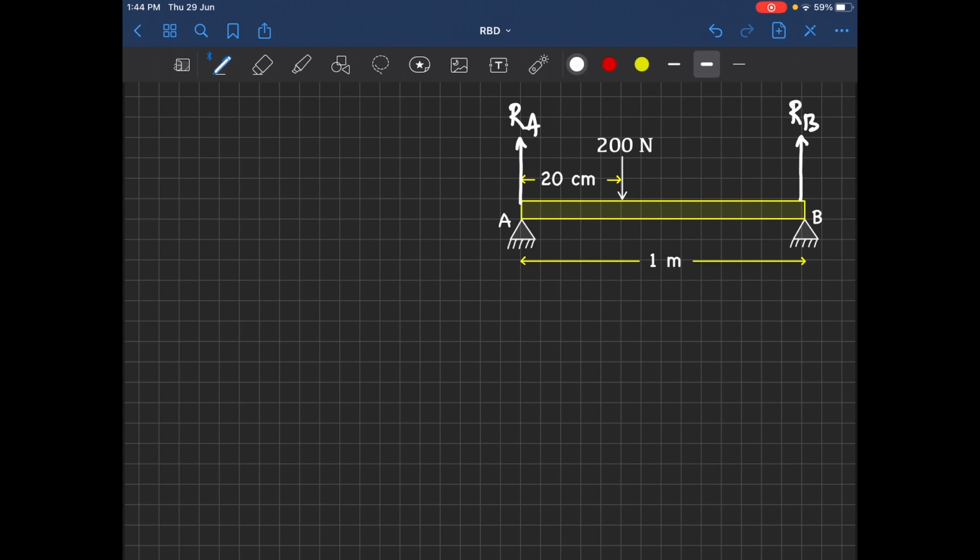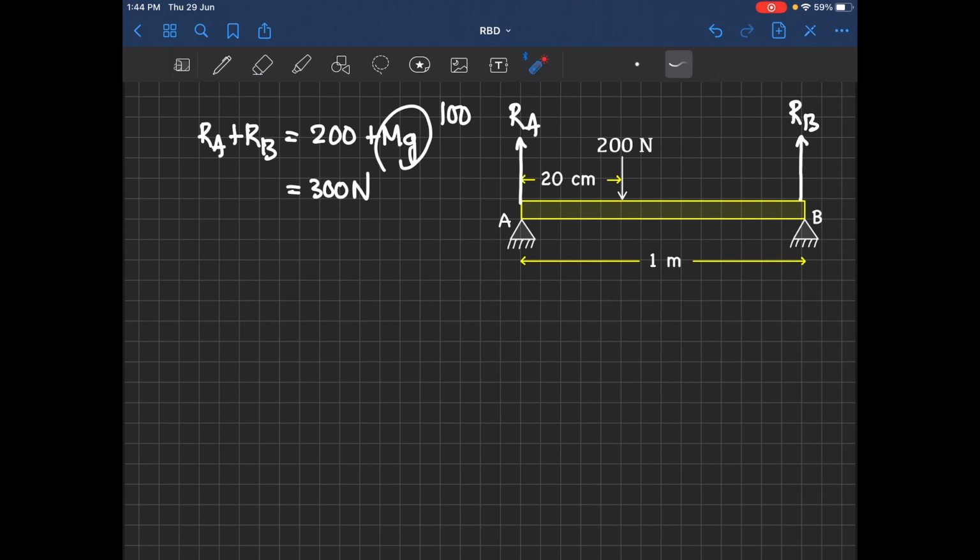So let us write that equation. Vertically upward we have RA and RB. Net vertically upward must be equal to net vertically downward. Downward there is the 200 Newton force and this rod's mg must be acting downward. So we can write the mg of the rod which equals 100 Newton. This is a 10 kg rod, right. So this gives 300 Newton total, RA plus RB.